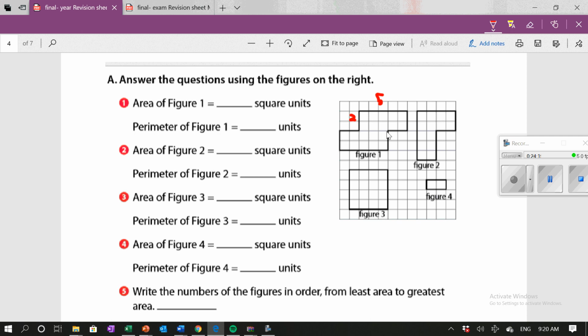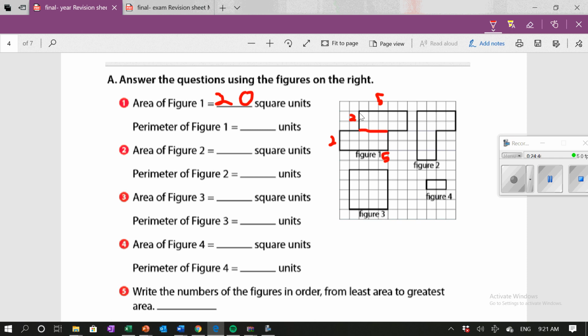If I divide this, this one will be 2, and this one 1, 2, 3, 4, 5. So the area here is 5 multiplied by 2 is 10. 5 multiplied by 2 is 10. 10 plus 10 is 20.